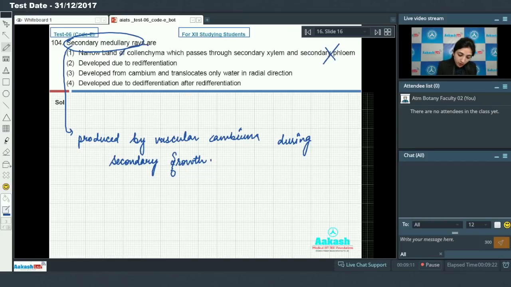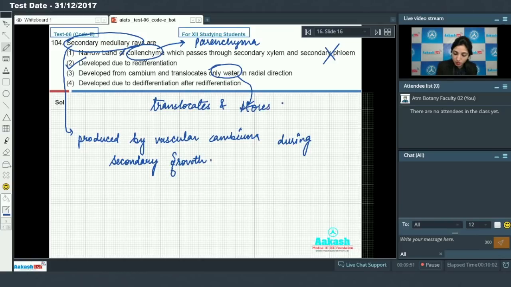No, they are a narrow band of parenchyma. So this option is incorrect. They developed due to redifferentiation. This is correct. They developed from cambium and translocate only water in radial direction. No, they translocate and store food, and there is no translocation of water by the secondary medullary rays.